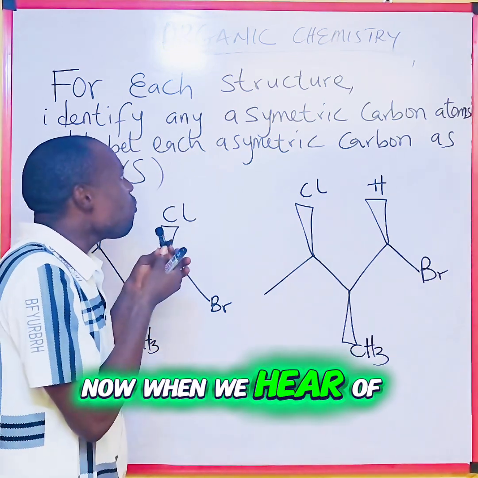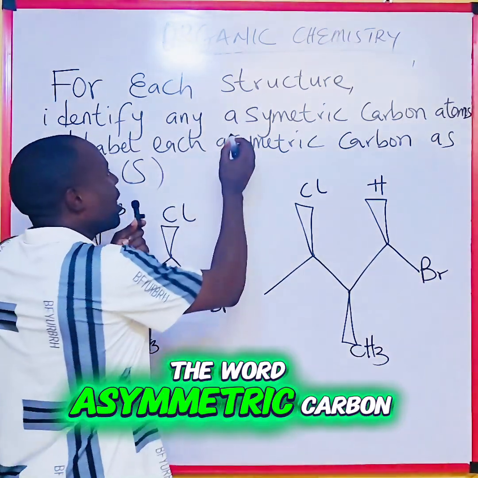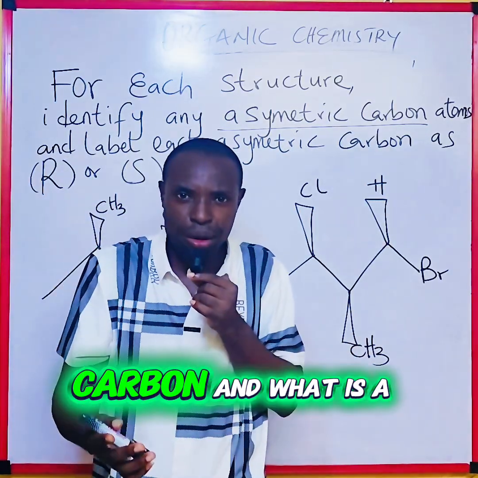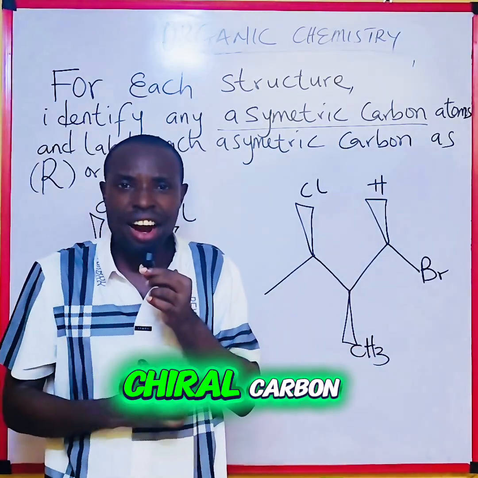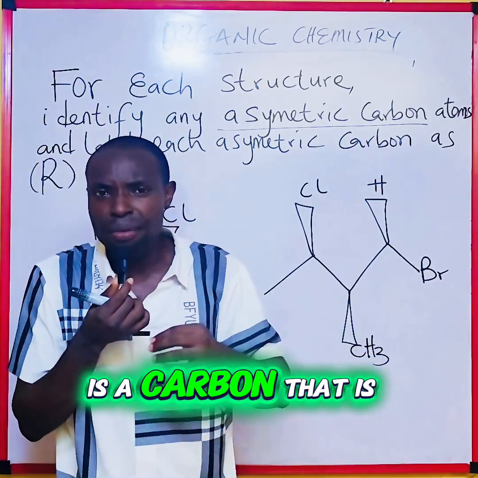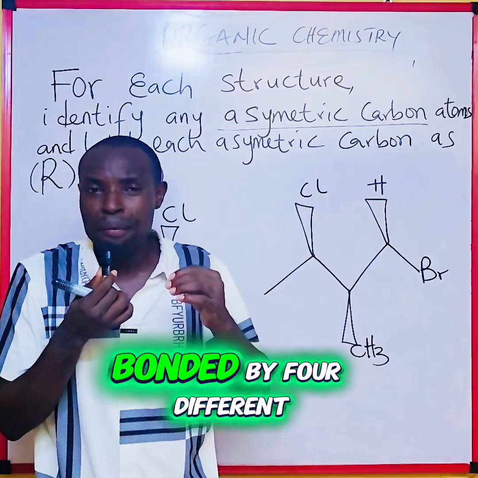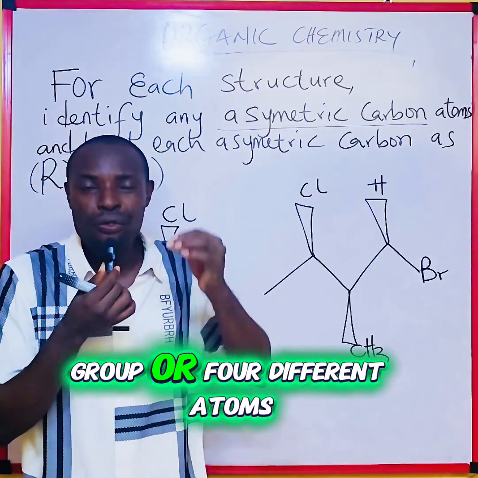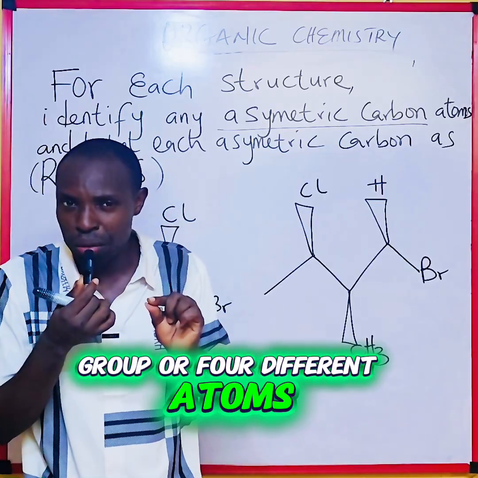Now, when we hear the word asymmetric carbon, it simply means a chiral carbon. And what is a chiral carbon? A chiral carbon, simply put, is a carbon that is bonded to four different groups or four different atoms.